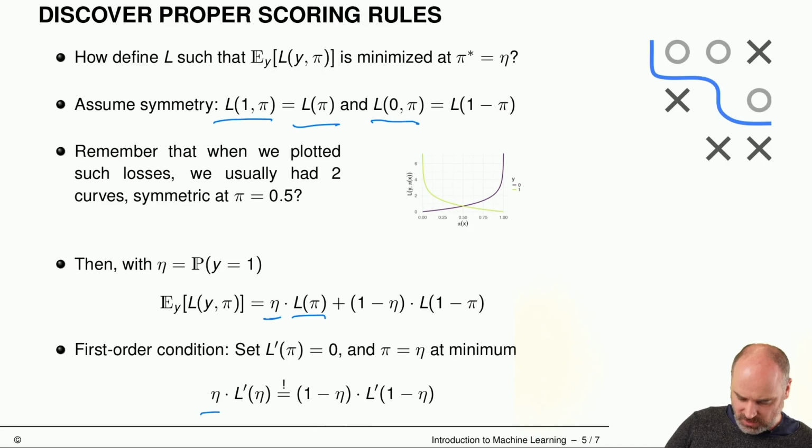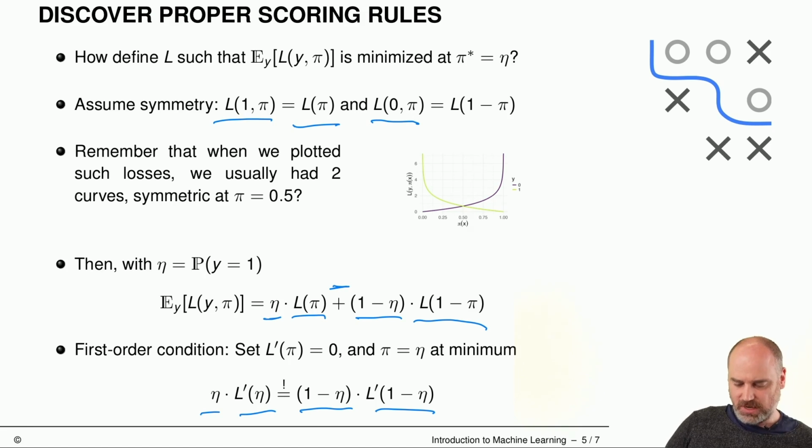Yeah, so we have this here, we have this. This is a constant, this stays. For this here I have to do a slight application of the chain rule. So this is going to be L prime of 1 minus eta, and then there's a minus 1 from the inner part, which means that this thing here will be a minus.